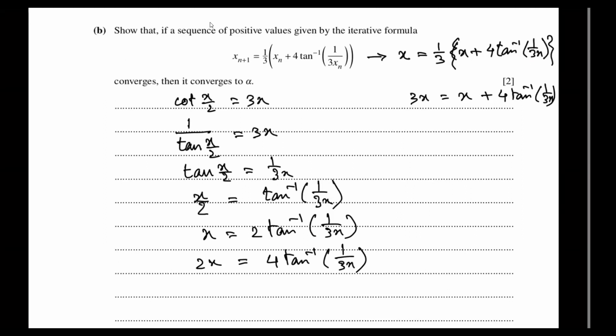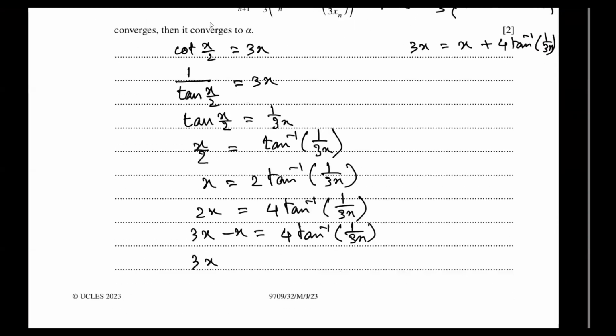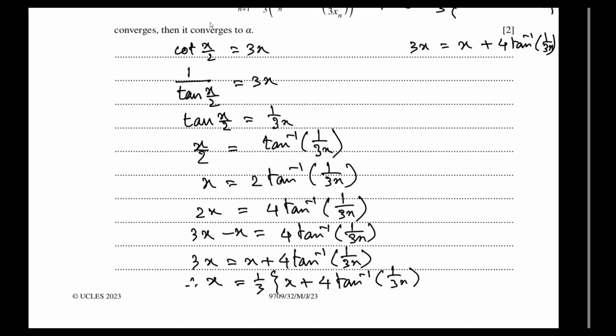Then rewrite this 6 as 6 minus 6x, then 6x is equal to x plus 4 tan inverse 1 by 6. So x equals 1 by 3 (x plus 4 tan inverse 1 by 6).